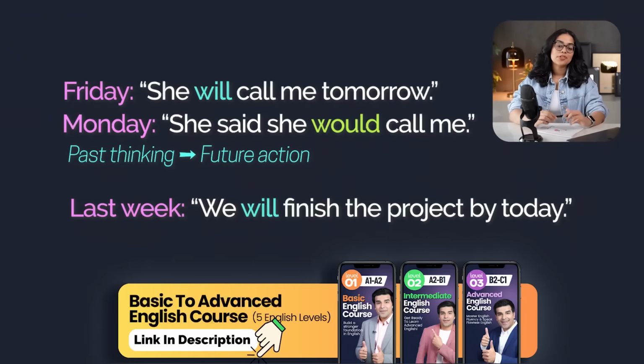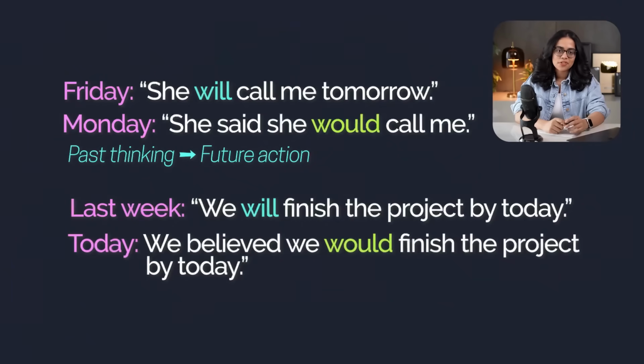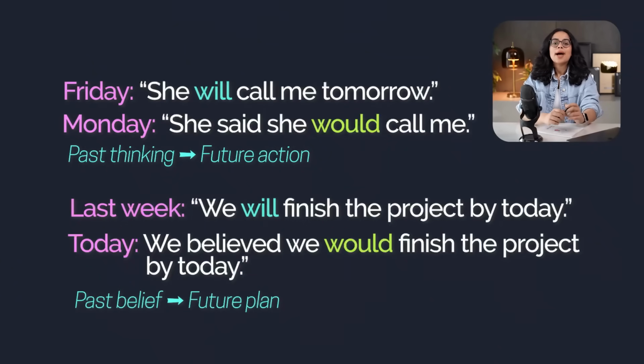Now this possibly you said last week. But if you're talking about it today, you're going to say, we believed we would finish the project by today. Now here you're connecting a past belief to a future plan. You know, it's like the past version of will. I hope you understood the first use of would perfectly.